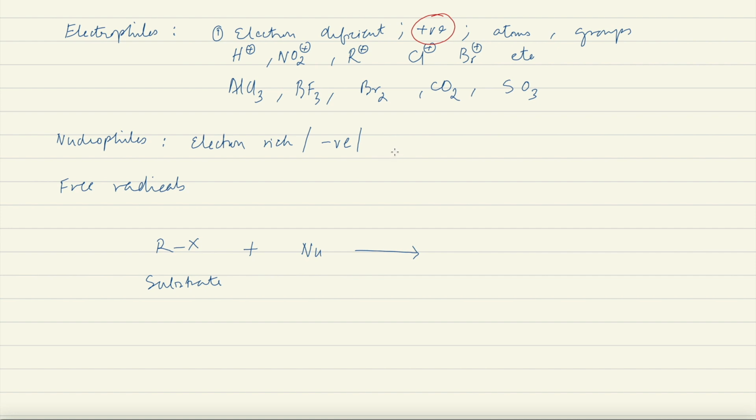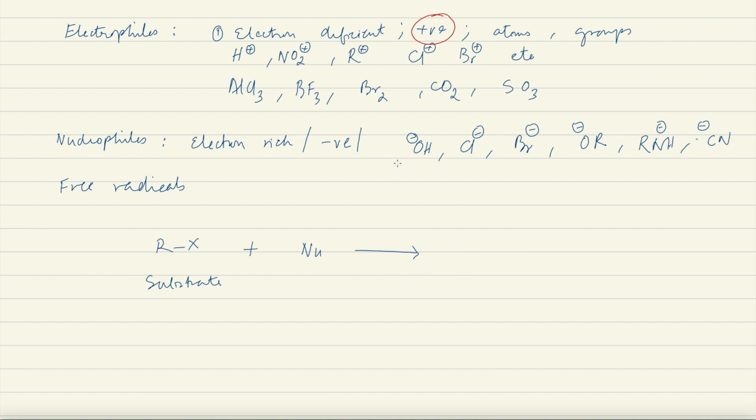So here the examples can be groups like OH minus, Cl minus. Cl can be an electrophile, it can be a chloronium ion, or a chloride ion, depending upon the charge. You can also have Br minus, you can have OR minus. So all these with negative charge, say RNH minus, CN minus, all these are nucleophiles.